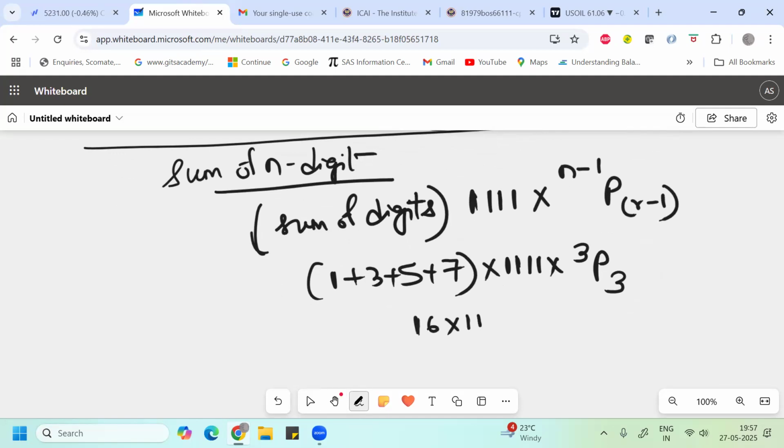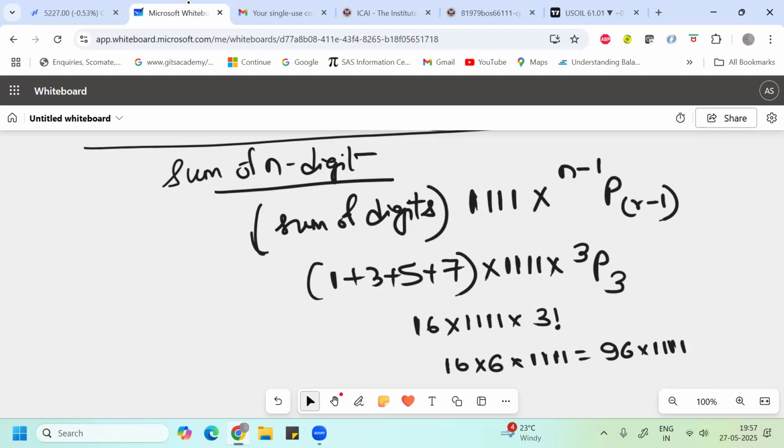16 into 1, 1, 1, 1 into 3P3, which means 3 factorial, means 3P3, which is 6 only. 16 into 6 into 1, 1, 1, 1. 96 into 1, 1, 1, 1. You can solve this by using a calculator.